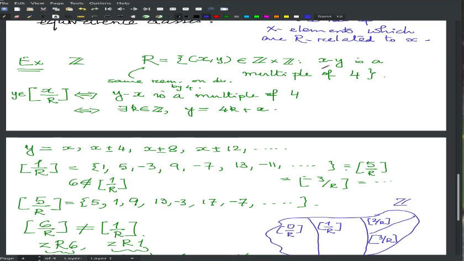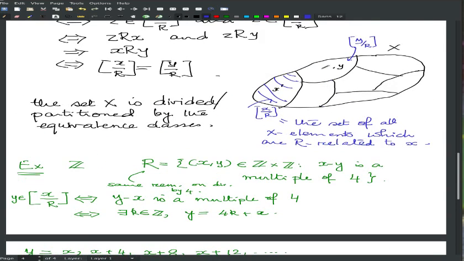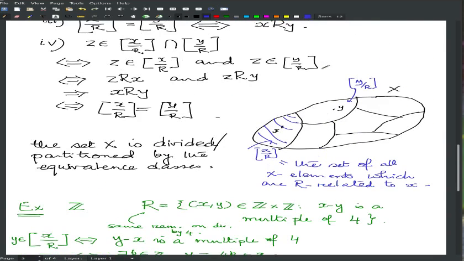Number theory deals with all these things, what happens when you divide by some given numbers. So all of these are special cases of this general study where you take any set X. The moment you give me an equivalence relation R on that set, you get a partition.